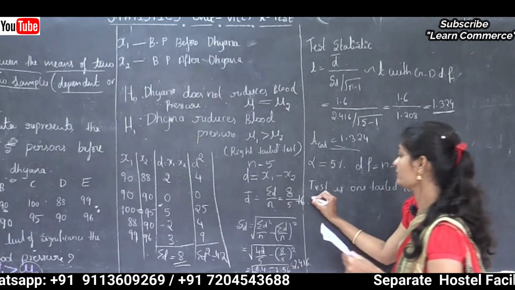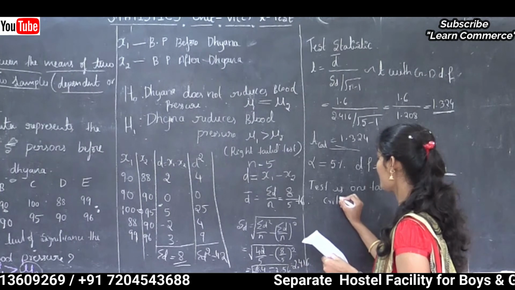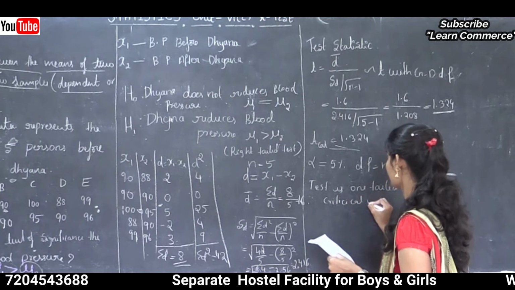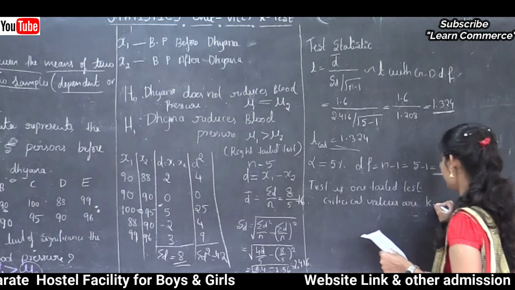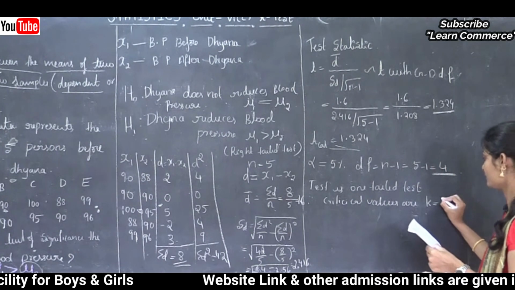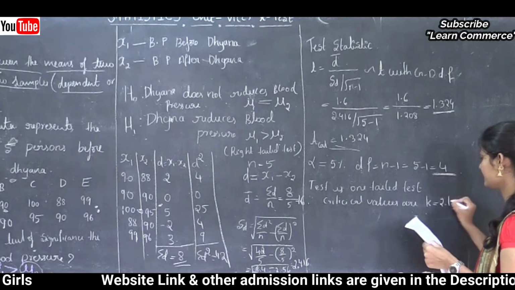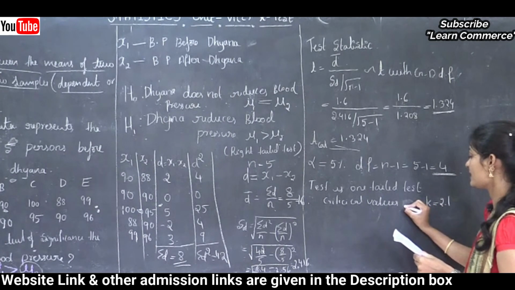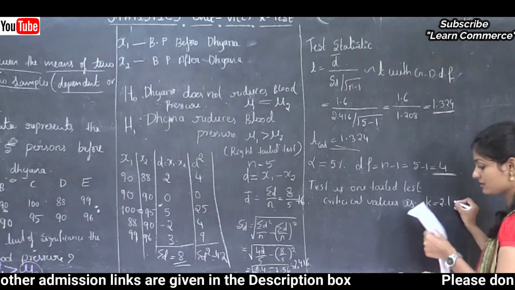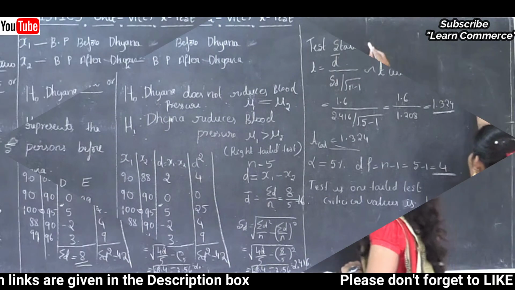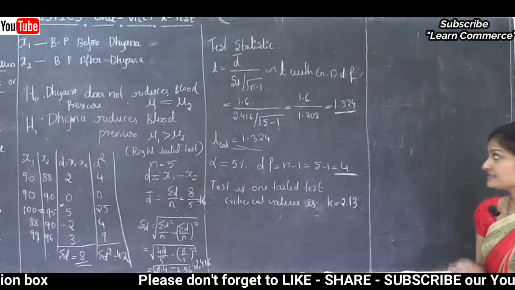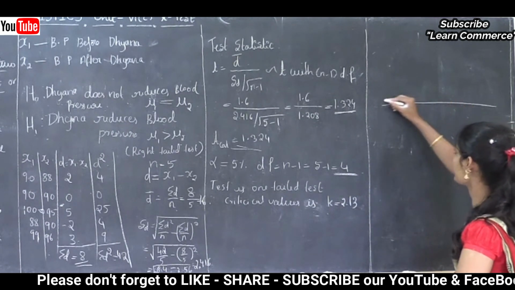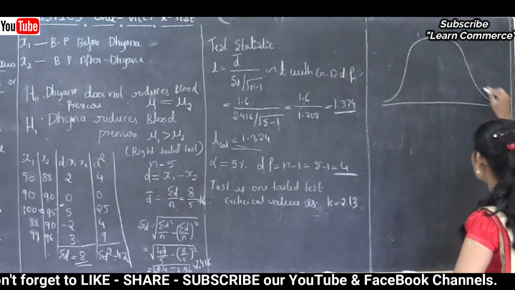So the test is a one tail or right tail test, and therefore the critical value is K equal to 2.13. In a right tail test the rejection region is located at the right tail of the probability curve.